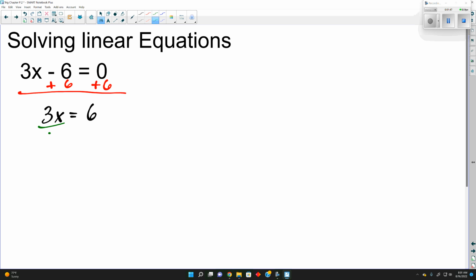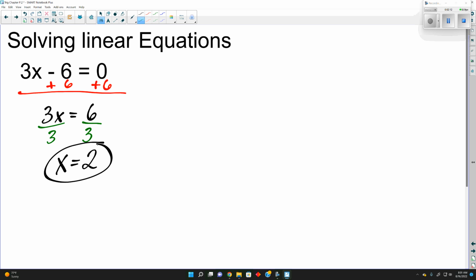So we would divide by 3, and x is equal to 2. And that's it. That's all we would need to do for this one here.